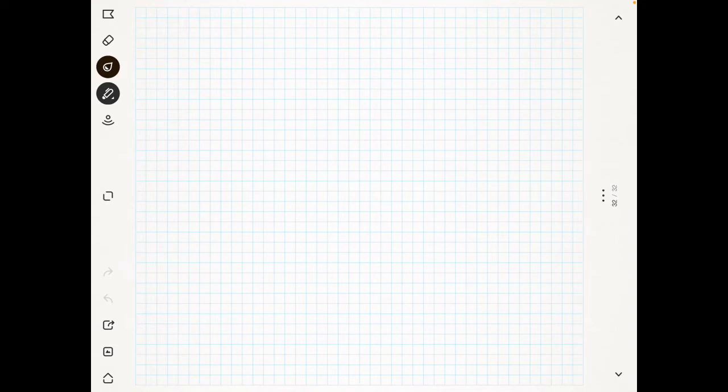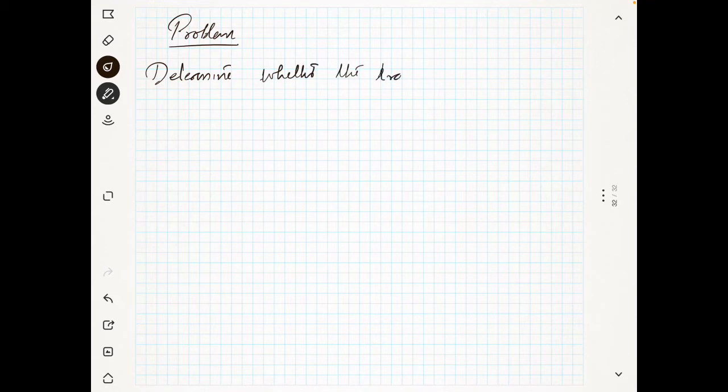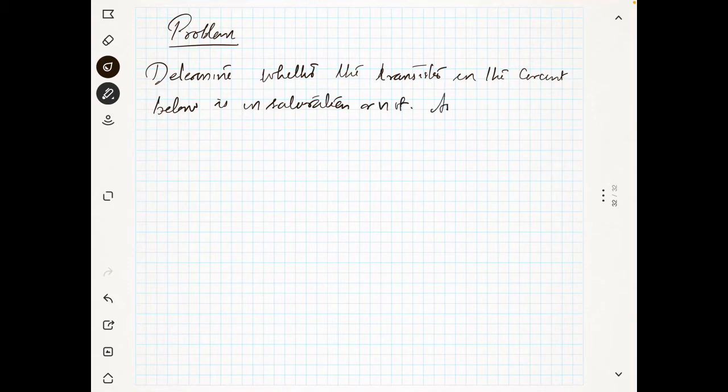So now we will see a problem. The problem is: determine whether the transistor in the circuit below is in saturation or not.